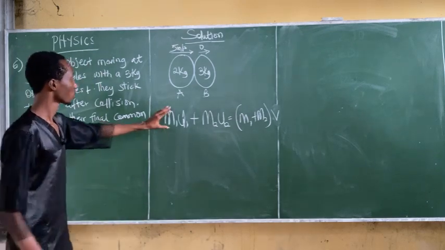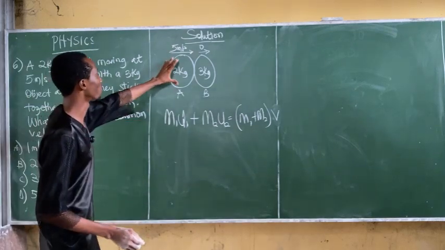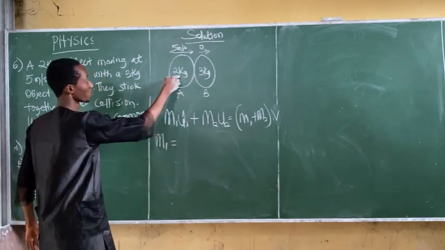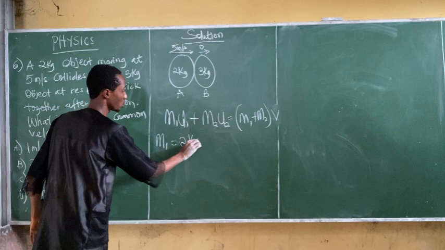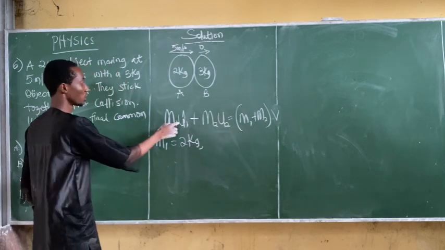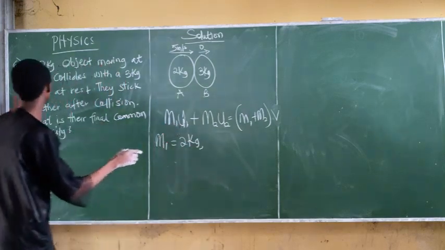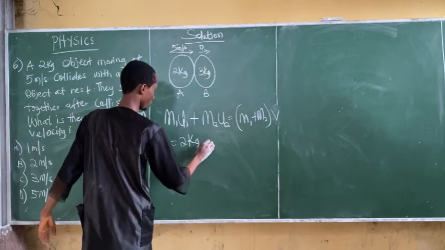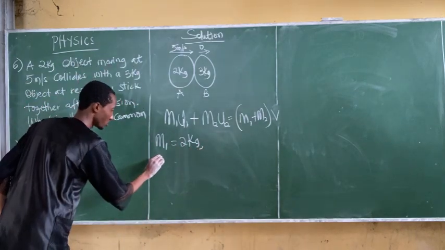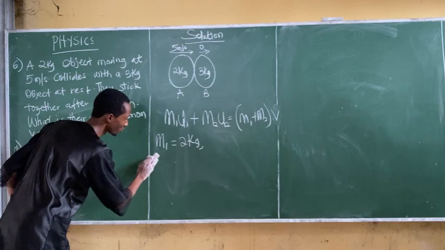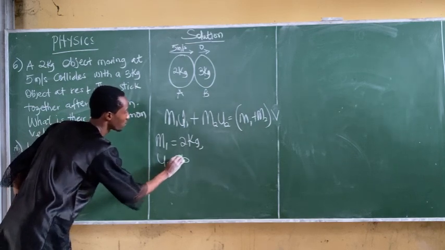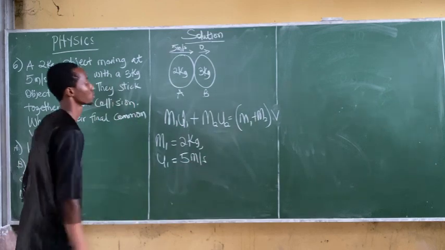Now, from the question, we are given the first mass, m1, as 2 kg. We are given u1, the initial velocity, to be 5 meters per second.